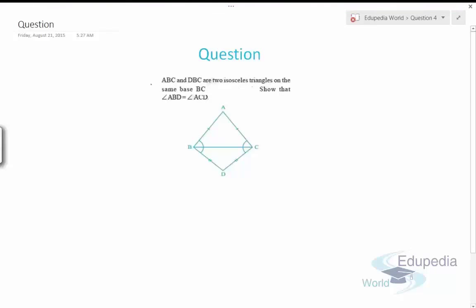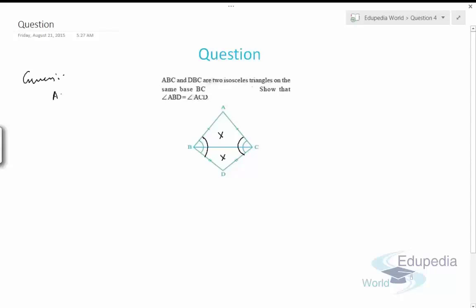Now, it's given that ABC and DBC are two isosceles triangles. So this triangle and this triangle are isosceles triangles on the same base BC. We need to show that angle ABD and this angle ACD are equal. So let's see how we can prove this. First of all we need to write what is given.